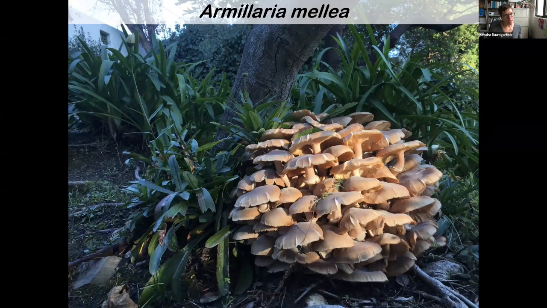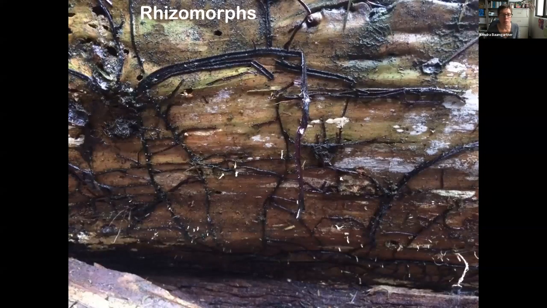This fungus makes wind-blown spores. These spores are not thought to be a significant means of colonizing new trees within the lifespan of a typical orchard, though, in California. The fungus also makes some very unique structures called rhizomorphs. That's what these black root-like structures are. Inside, they have actively growing fungal mycelium.